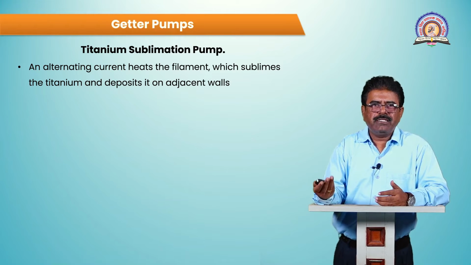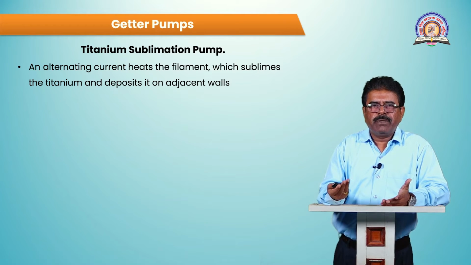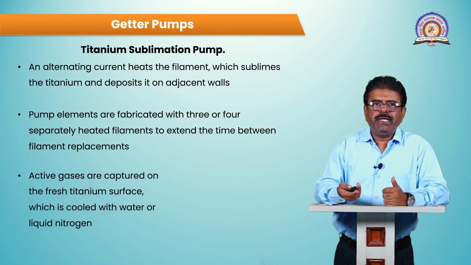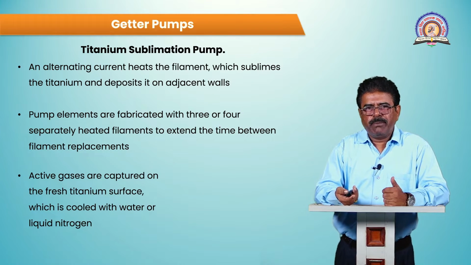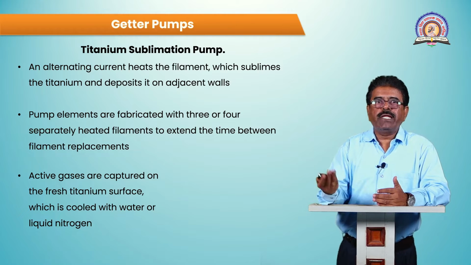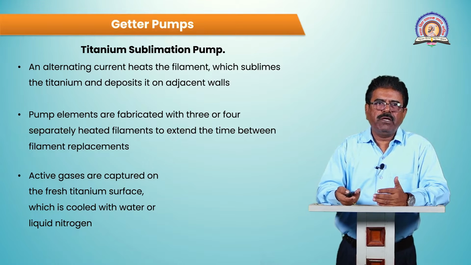So titanium gets sublimated by a simple process of heating it. By heating this titanium filament, the inner wall of your chamber will be coated with titanium material, so a thin layer of titanium will be formed.